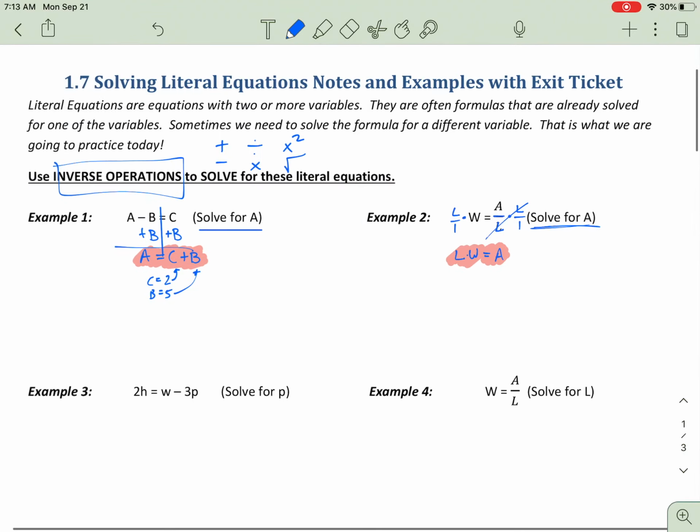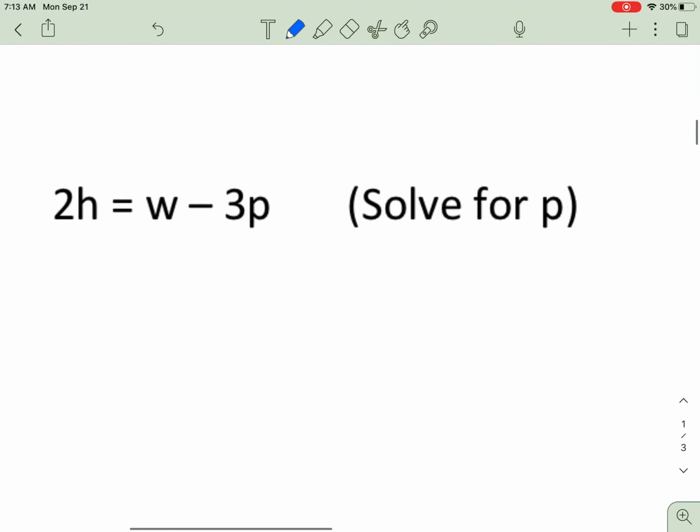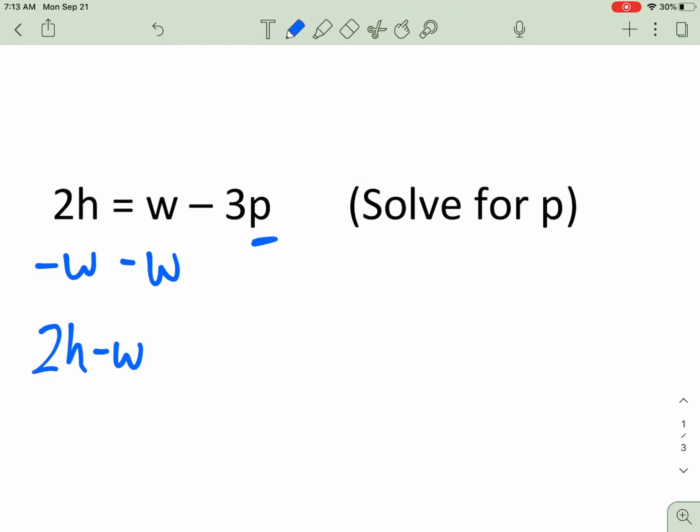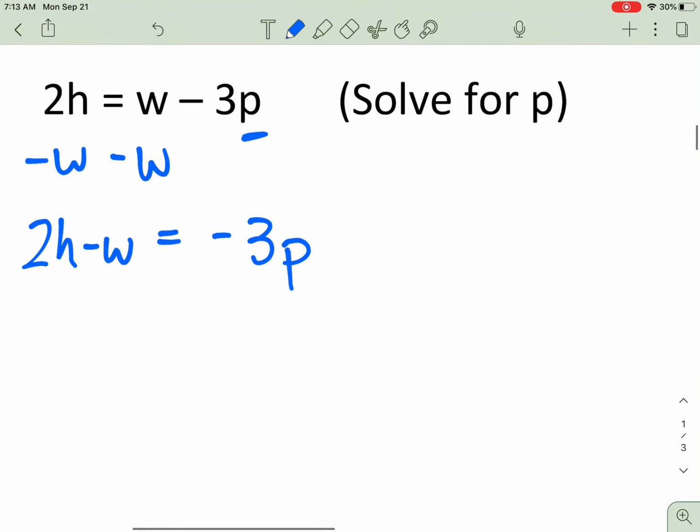Example 3, solve for P. Okay, P is right here, so let's get rid of the furthest thing away, which is that W. W is positive, so let's subtract W. Now it's a negative 3P, and this says negative 3 times P, so the opposite of times is division.